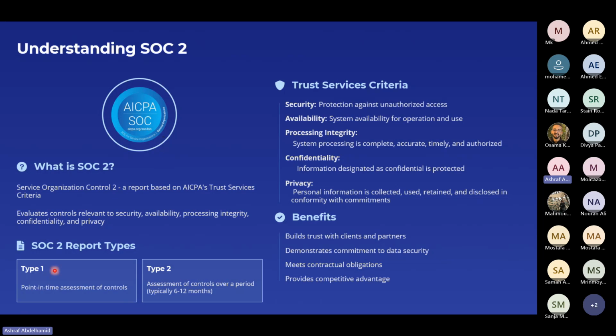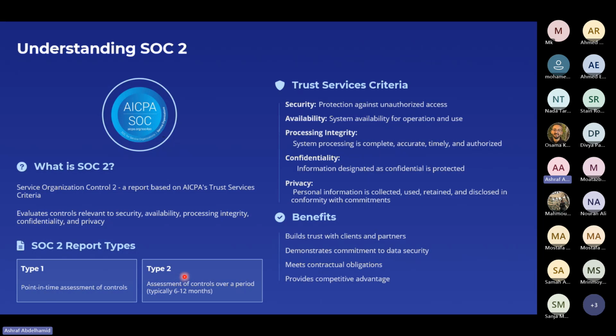The audit will go to the organization and take a snapshot of the situation right now, so when auditing the controls, it checks whether the control is implemented or not right now. Type 2 isn't only focusing on what is happening now, but it looks backwards.